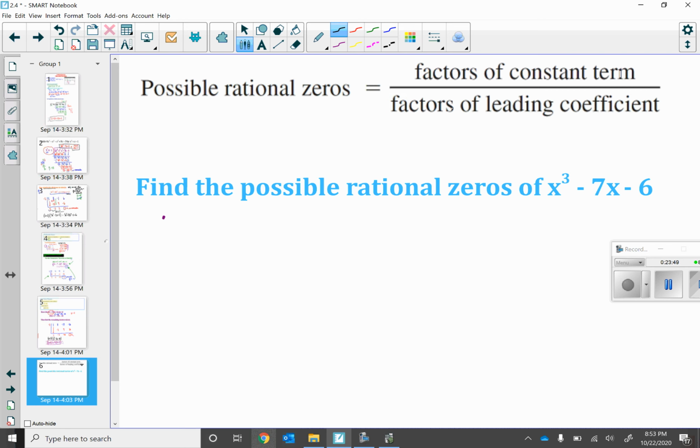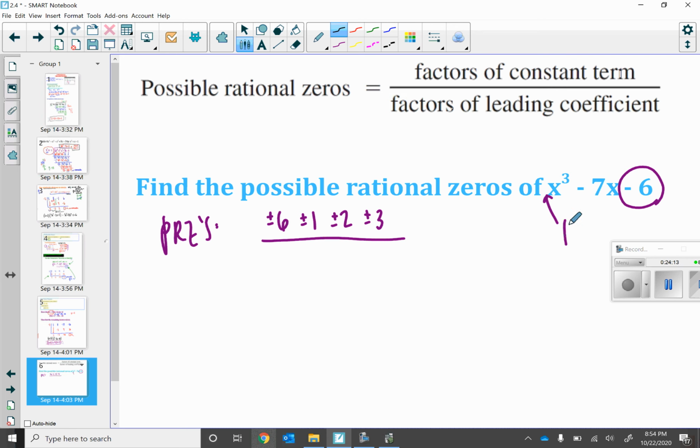The possible rational zeros. So the factors of the constant term. The constant, in this case, is -6. So the factors of 6 are plus or minus 6, plus or minus 1, plus or minus 2, plus or minus 3, all over the factors of the leading coefficient. Well, our leading coefficient is just 1. So the factors of that are positive or -1.